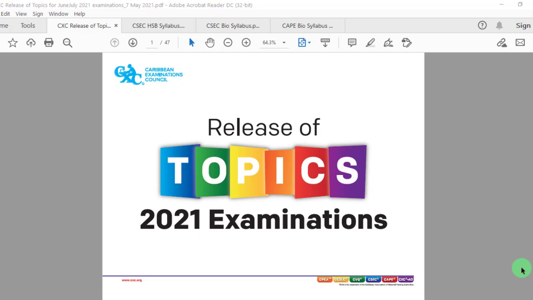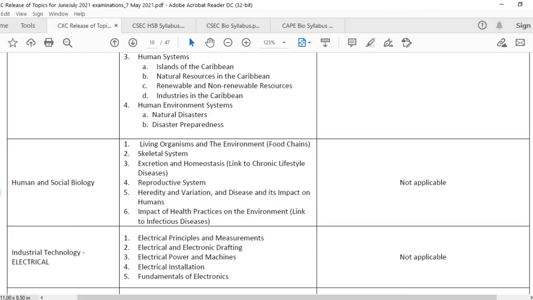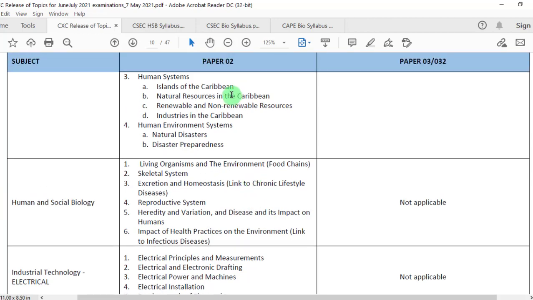So as you see, we have our topics. Let's see what CSEC HSB has for us. Right, so here are our topics for Human and Social Biology. First thing to note, this column represents what's in paper 2. Let me scroll up a little bit, right?